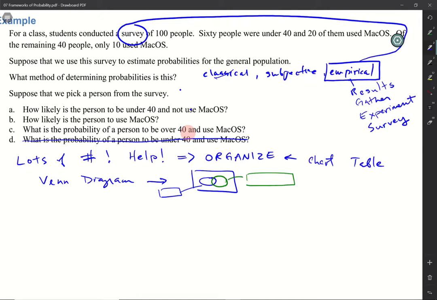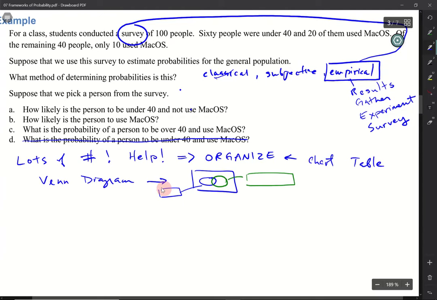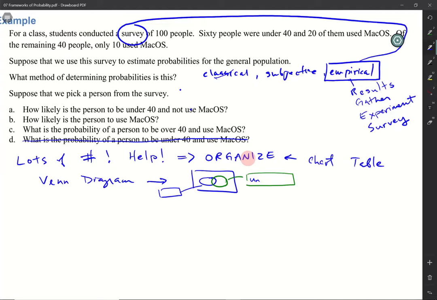So what should one circle be, and what should the other circle be? One should be under 40. This one is a little bit longer, and this one's a little bit shorter. So we'll just say under 40.